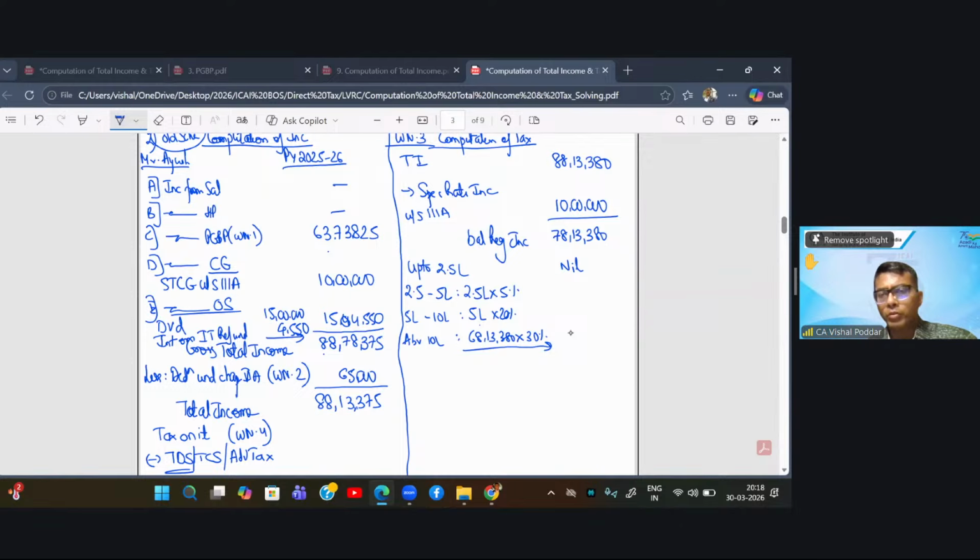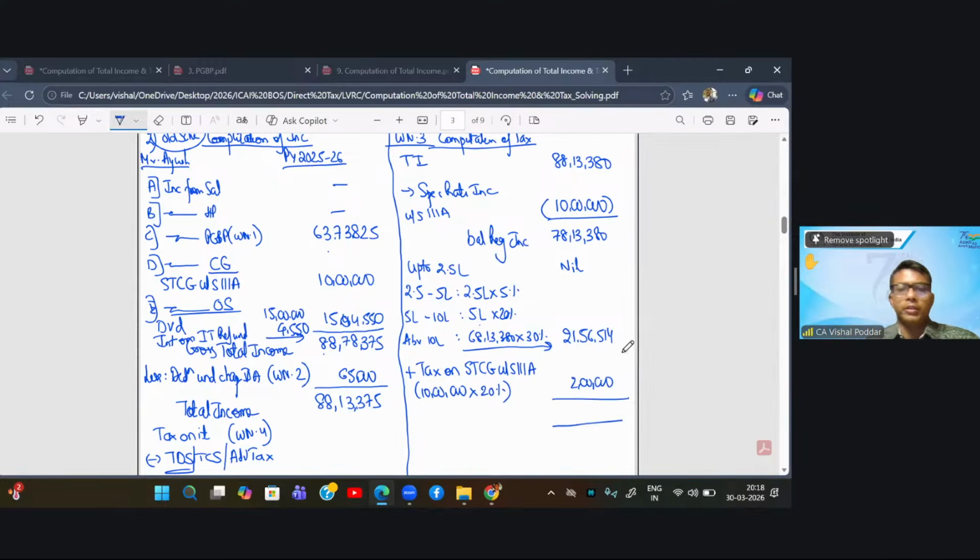So this amount, students, I am getting as 21,56,514. Correct. To this, I will add tax on STCG under section 111A, that is on this amount. So it is 10 lakhs into 20%, so it is 2 lakhs.